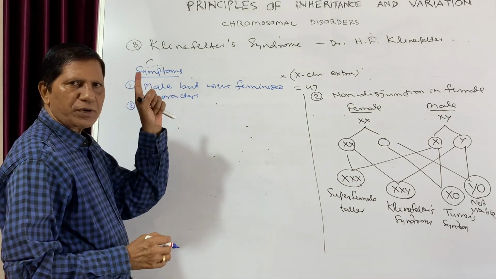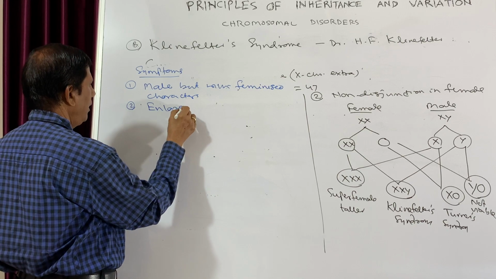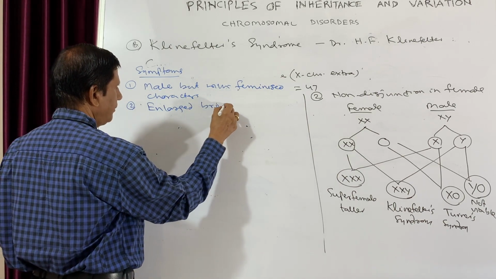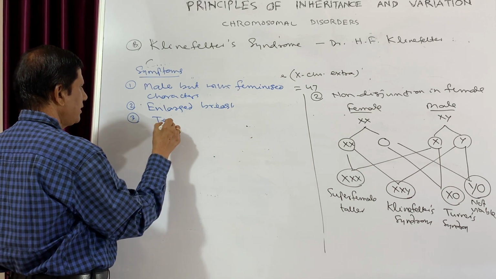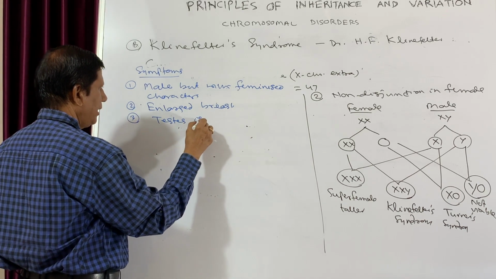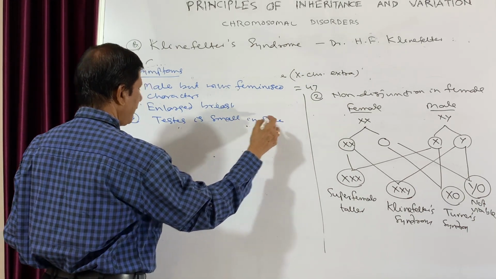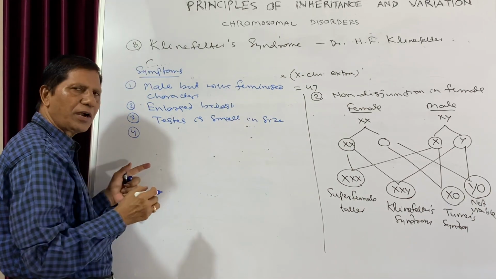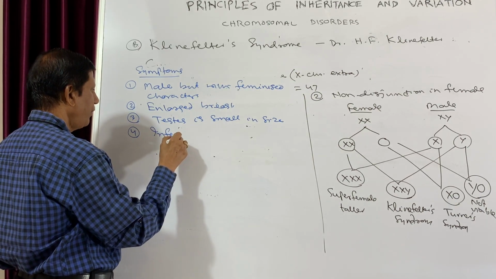Number 2, though the person is male, you will find enlarged breast. Then the testis is small in size. And another important point, the male will be infertile.